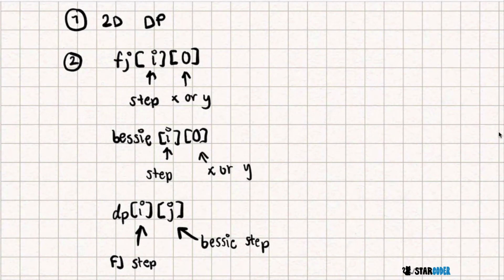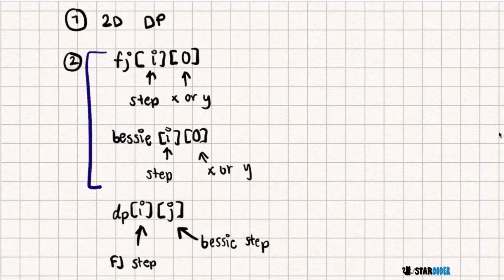Since the input only gives me the directions that Farmer John and Bessie are taking, I'm going to create two lists, or two vectors, that store the locations of Farmer John and Bessie after X number of steps.